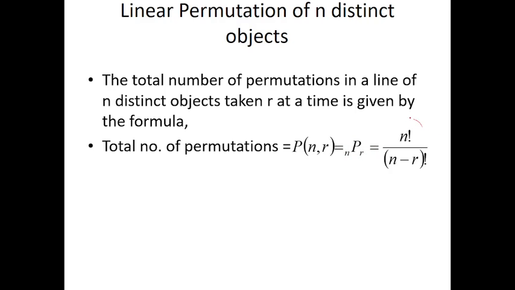So, pwede rin siyang in factorial form. Ibig sabihin nito, exclamation point. Sa mathematics, ang interpretation niyan ay factorial. I don't know if you're familiar with this notation. That's factorial.